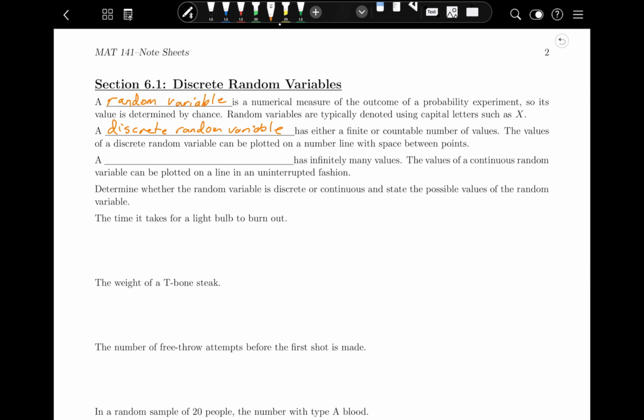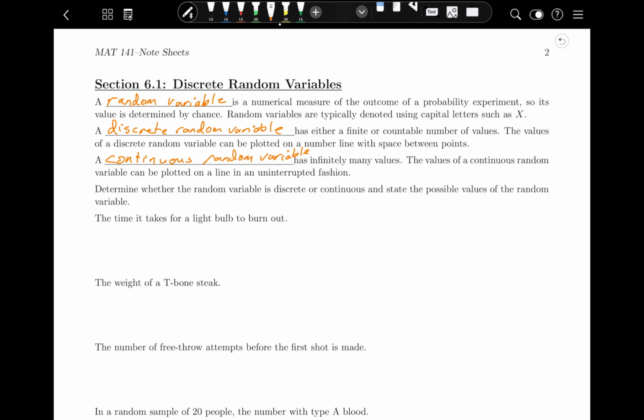The values of a discrete random variable can be plotted on a number line with space between points. A continuous random variable has infinitely many values. The values of a continuous random variable can be plotted on a line in an uninterrupted fashion.